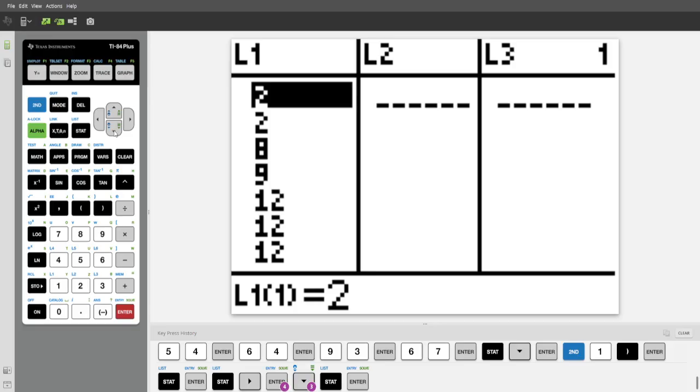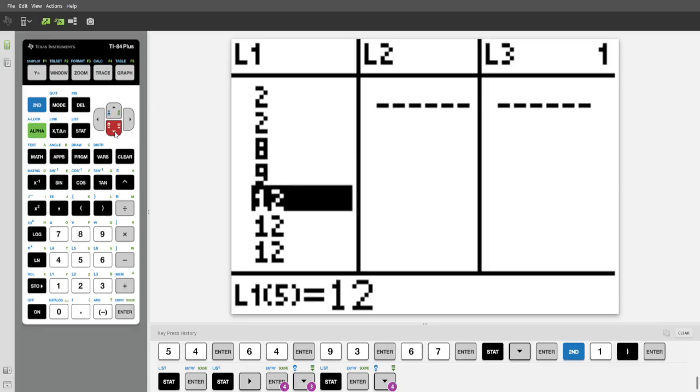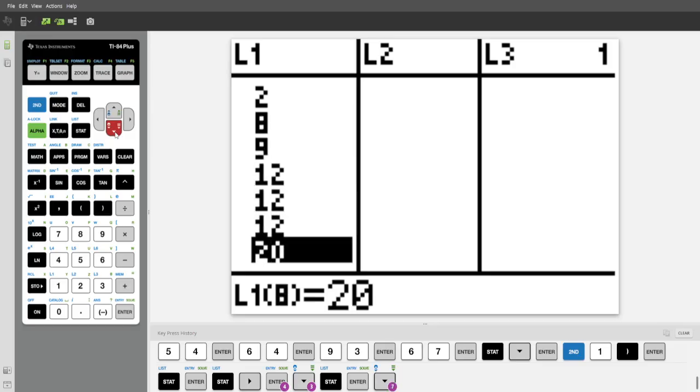The mode is the number that appears the most. So 2 appeared twice. And as you can also see, 12 appears 3 times. So far, 12 is the mode.